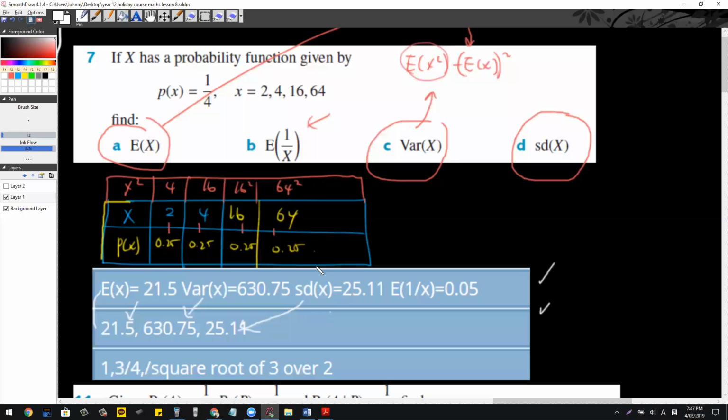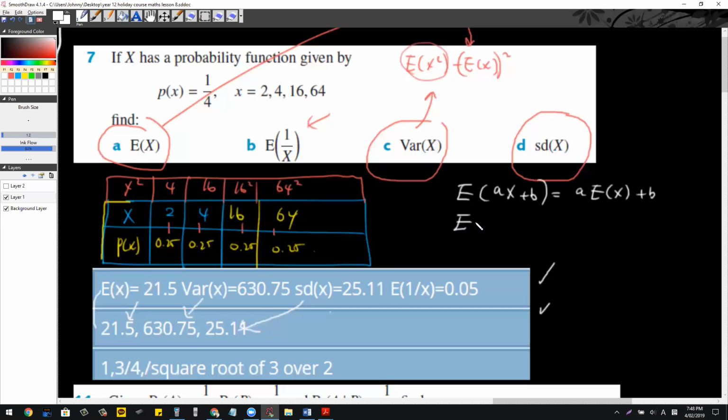Okay, so how do we calculate this one here? Well, that's a bit interesting. So we know these rules, right? Expectation value of ax plus b is equal to a times the expectation value of x plus b, right?